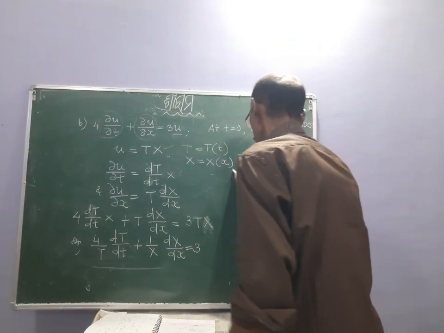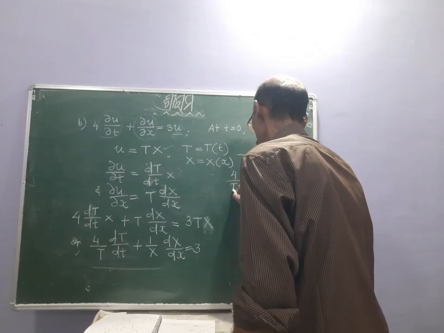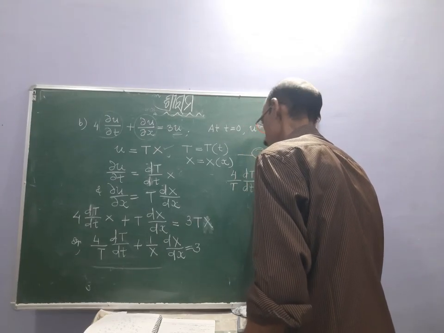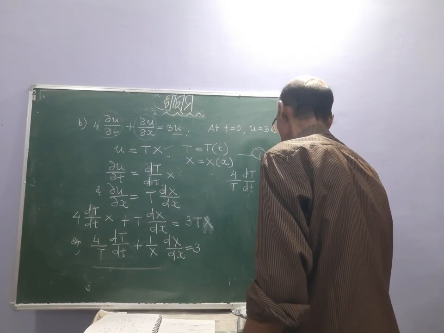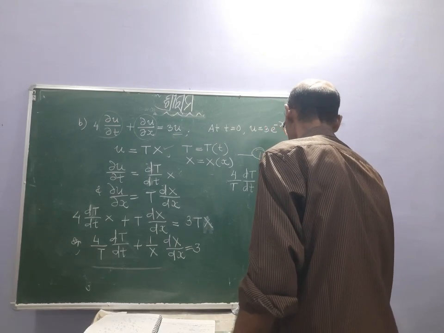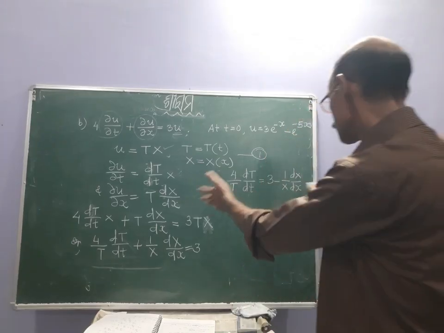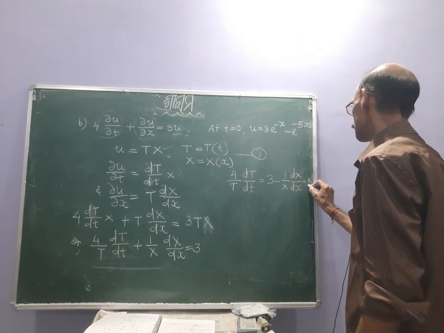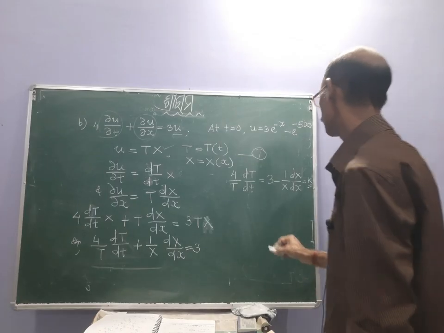Separating t and x, we get 4 by T dT by dt is equal to 3 minus 1 by X dX by dx. Now since t and x are separated, equate them to a constant k, where k is constant.